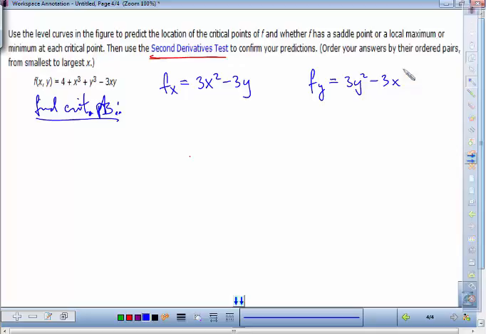Now, this is where it gets a little tricky. We want to solve these two equations and two unknowns, and so whatever x, y pair that we get has to satisfy that these both are equal to 0.